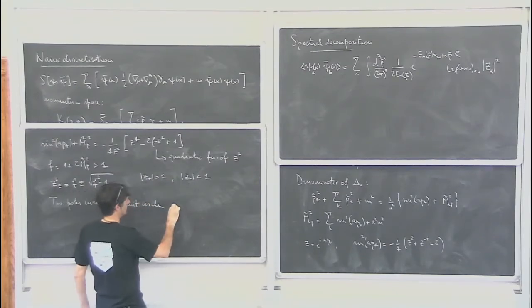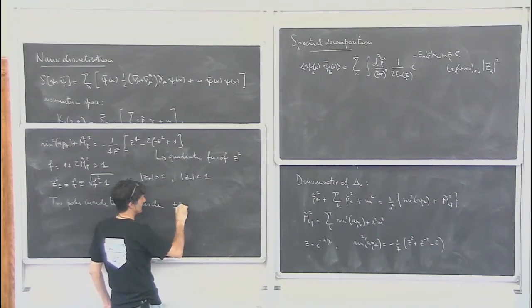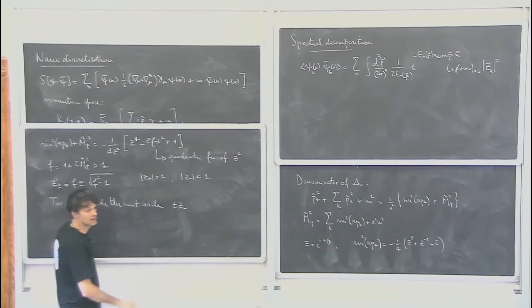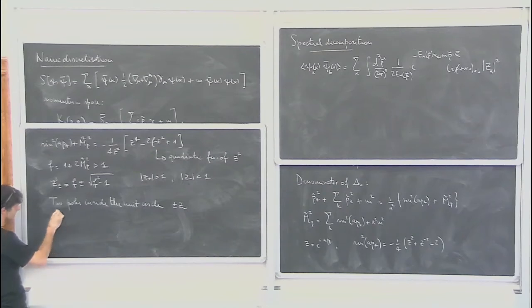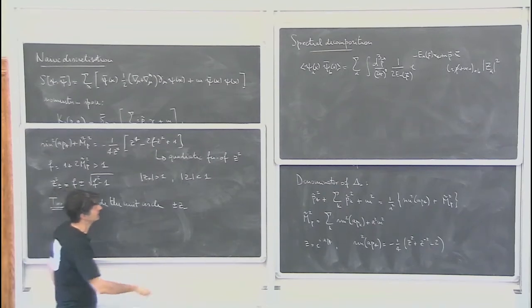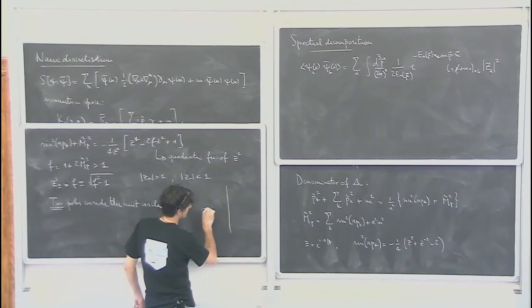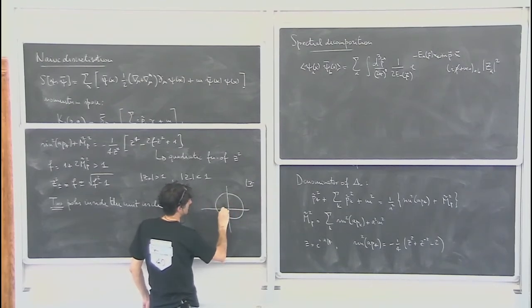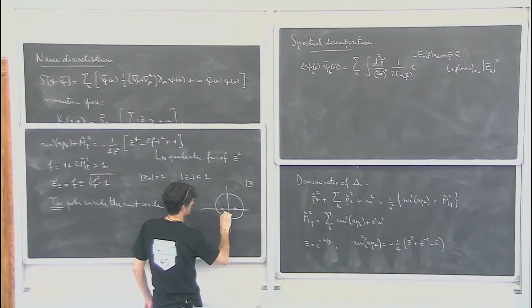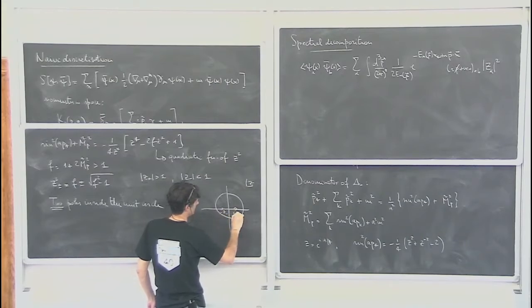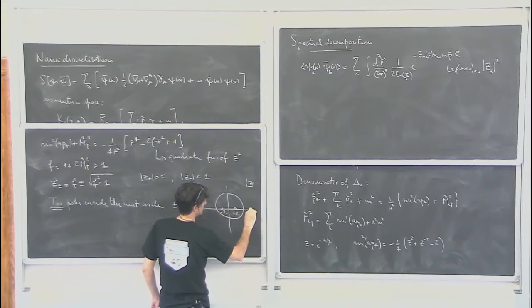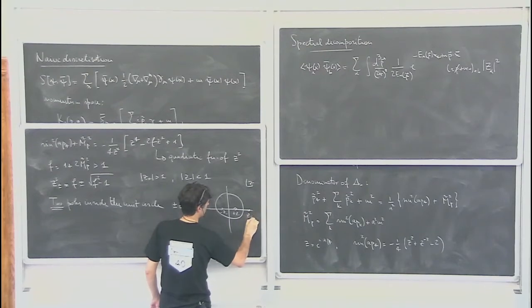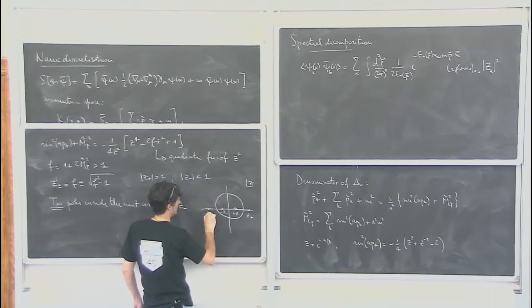And they correspond to plus and minus z minus. Okay, so in the z plane, we've got minus z minus, plus z minus, z plus, minus z plus.